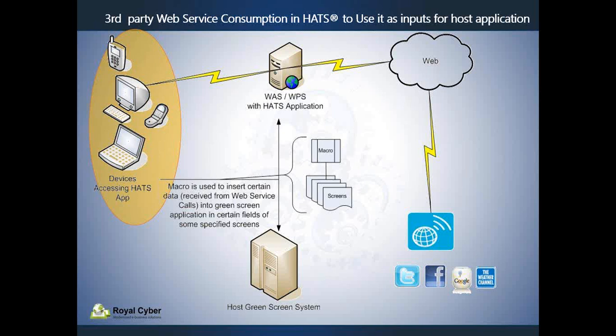The HATS application calls a web service from a defined external system. The outer system services the call and replies in the form of data or XML. This data is received by the HATS application, and then HATS sends it for insertion on certain host green screens using a macro that will traverse different screens on the host and insert the received data.